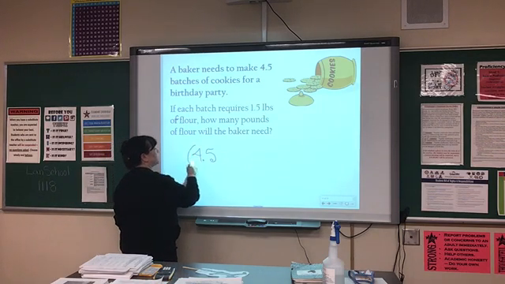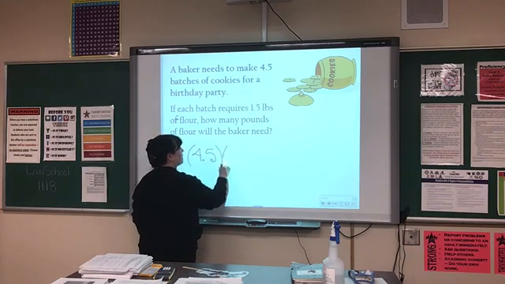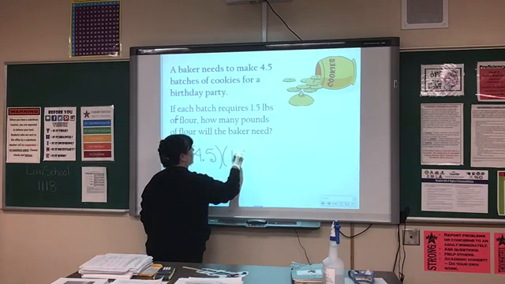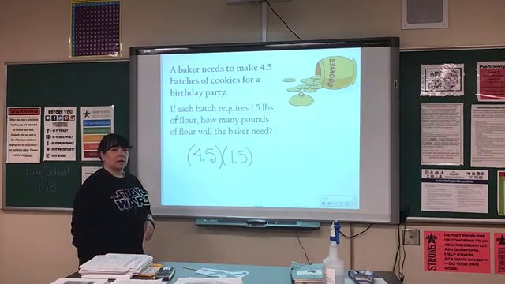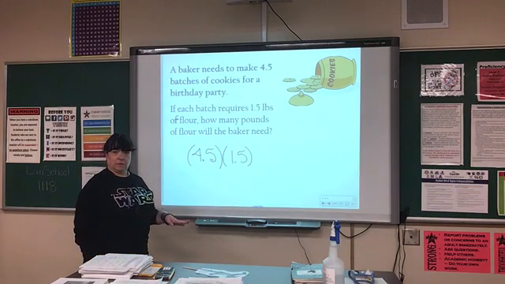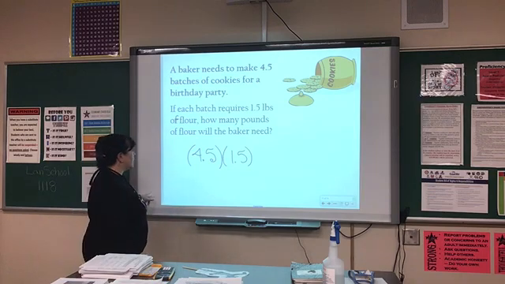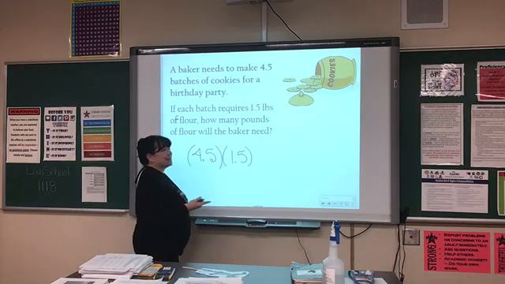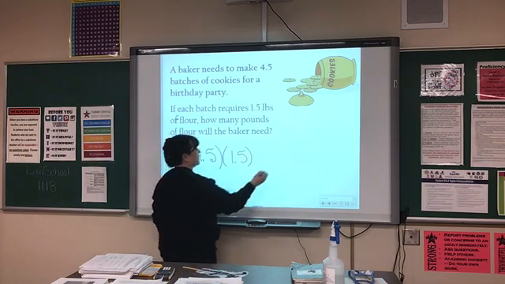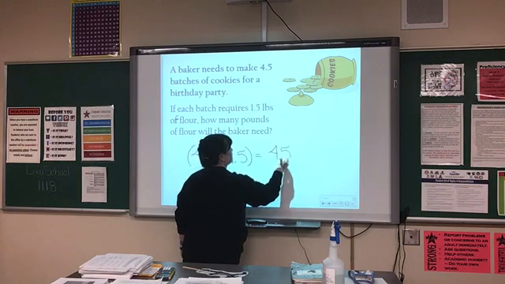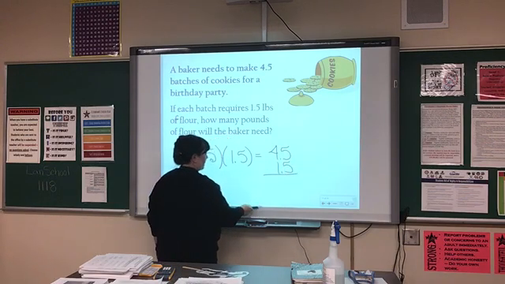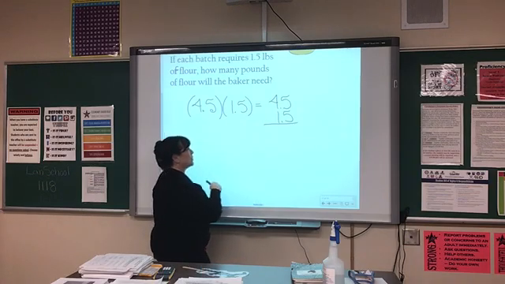So I'm going to take this and multiply it by the 1.5. Everybody good? All right, so it's decimals, of course. We know we have to treat them like double-digit numbers. So we're just going to stack them. Don't worry about decimals lining up, even though they do on this problem.